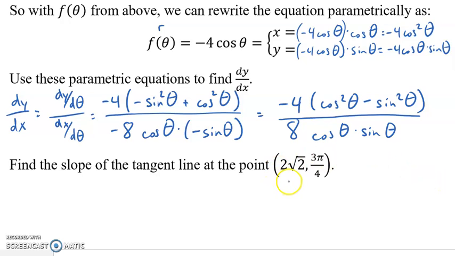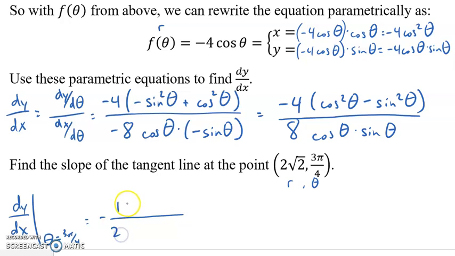So they're giving us the r, theta value of 2 root 2, 3 pi over 4. So we'll just evaluate dy/dx at theta equals 3 pi over 4. All right? So let's reduce this. This is going to be a negative 1 over 2. And then the cosine squared of 3 pi over 4 is going to be 1/2.